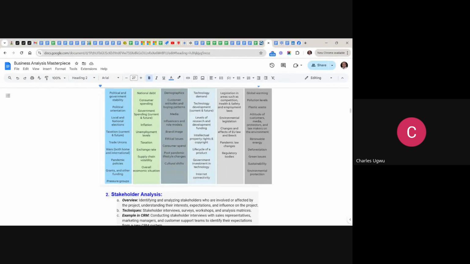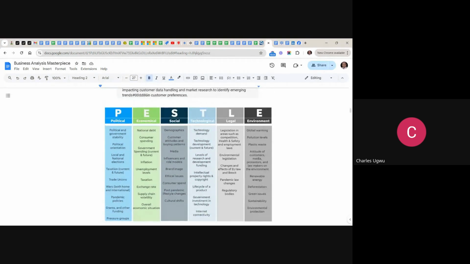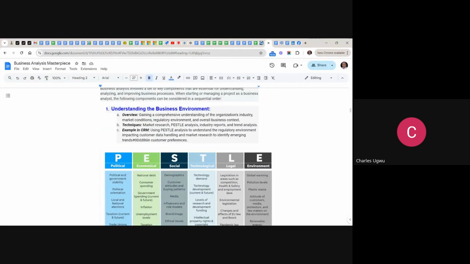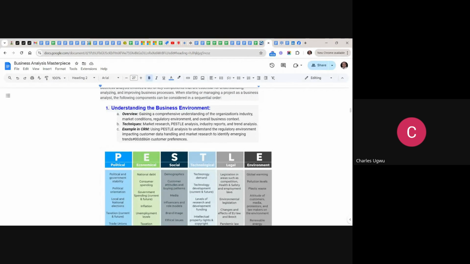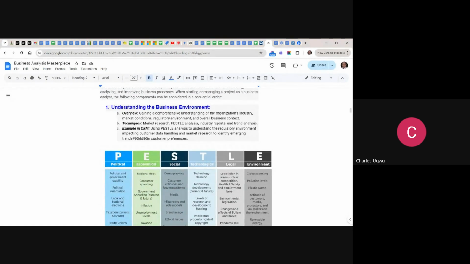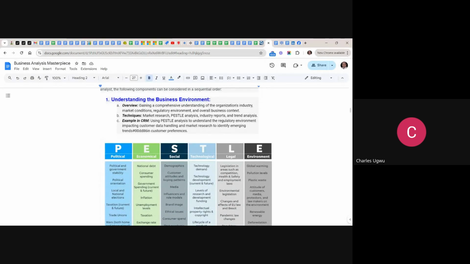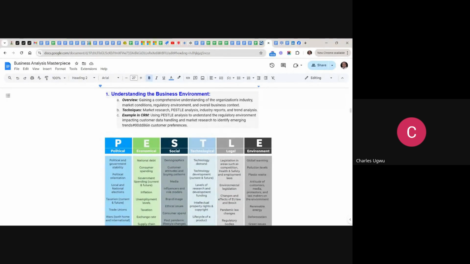We are going to devote a full session only to stakeholder analysis. So let's just use tonight to understand the business environment. If we can understand this very well, I think that would be a good thing for us to take home tonight.